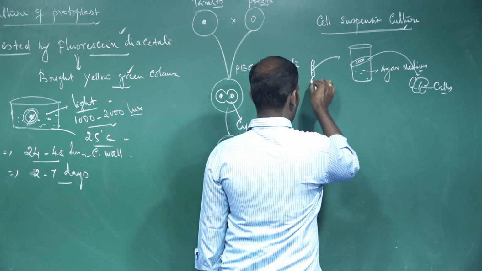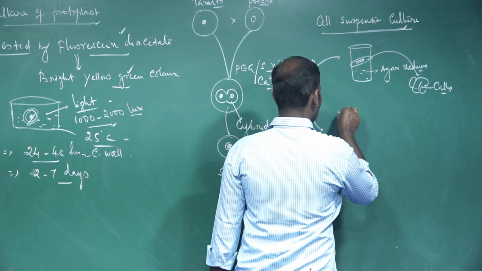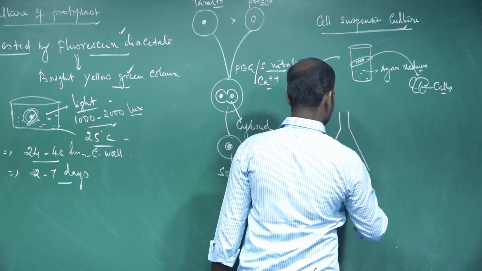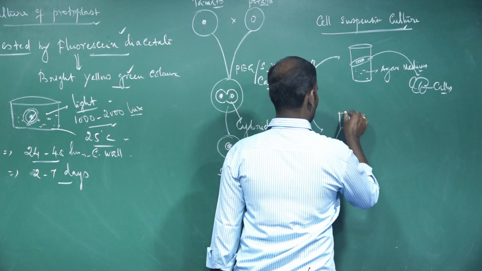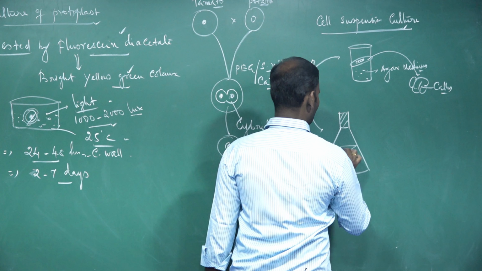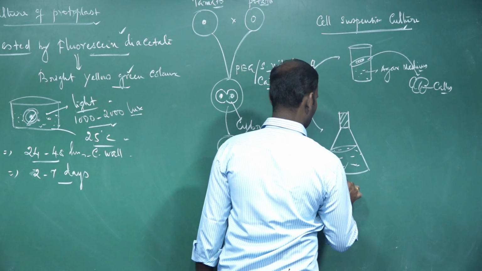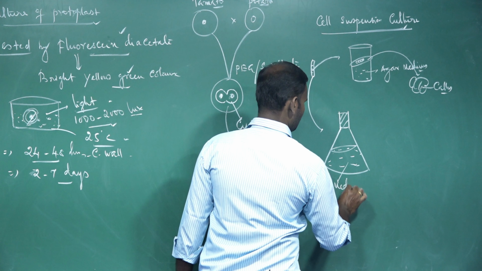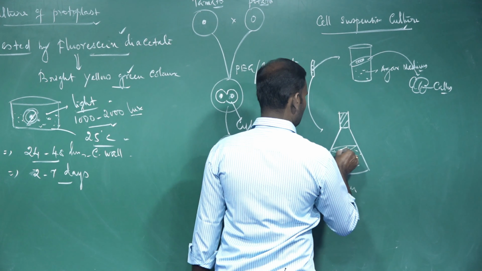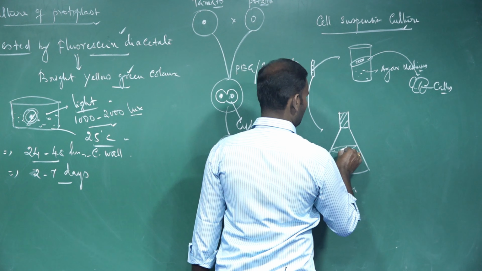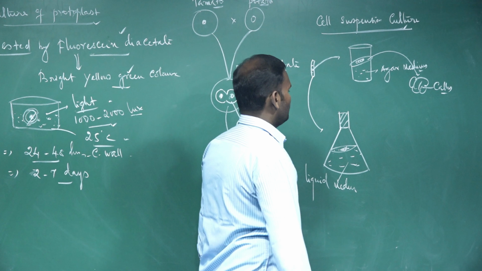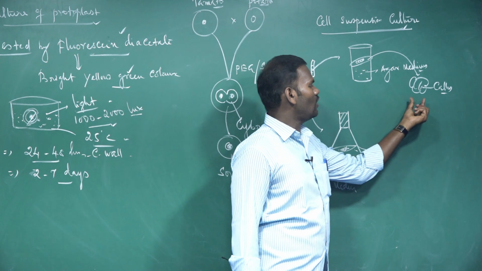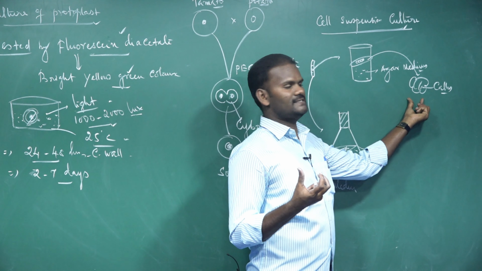The same explant is also introduced into the liquid medium. The liquid mediums are taken in a conical flask, for the induction of callus. So cell suspension is nothing but how a suspension culture is developed.